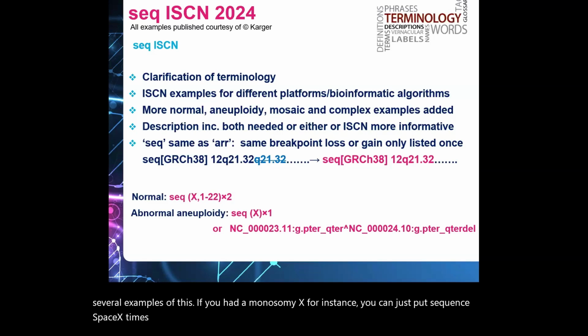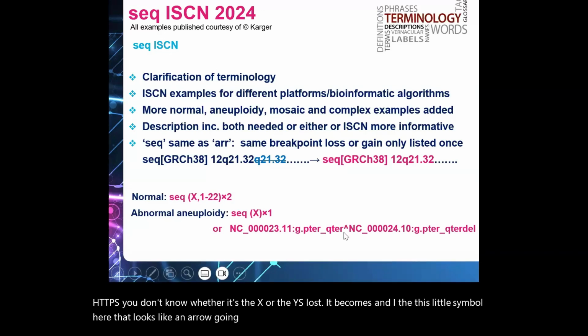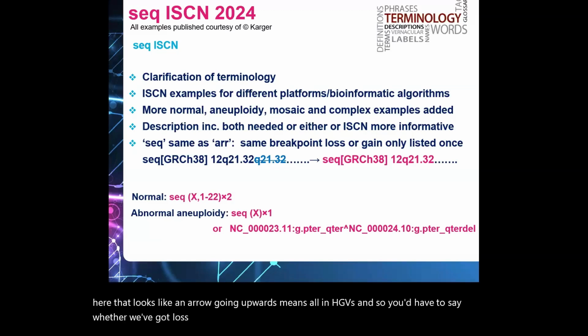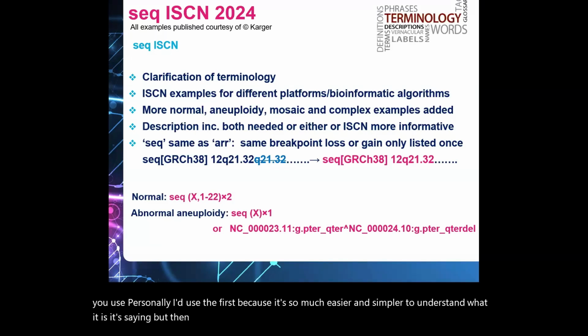Or because in HGVS you don't know whether it's the X or the Y that is lost, it becomes this little symbol here that looks like an arrow going upwards, which means "or" in HGVS. And so you'd have to say either we've got loss of the X or we've got loss of the Y. You can choose which of those two you use. Personally, I'd use the first because it's so much easier and simpler to understand what it's saying; I'm very used to ISCN.